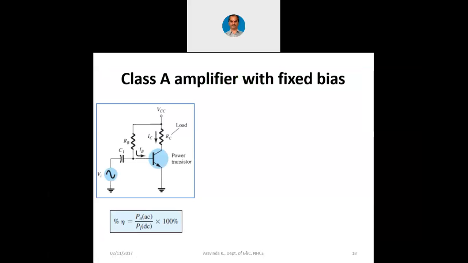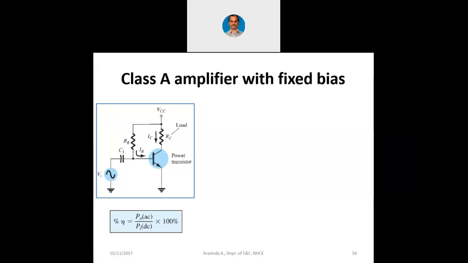Now let us analyze the circuit with the fixed bias, where we have a single resistor here, RB. Now naturally you know this will be VBE. If you apply KVL here, it is VCC minus VBE divided by RB is the current that is flowing. That itself is IB. We can easily calculate that. Other things are simple as we have seen it earlier in the very first module.